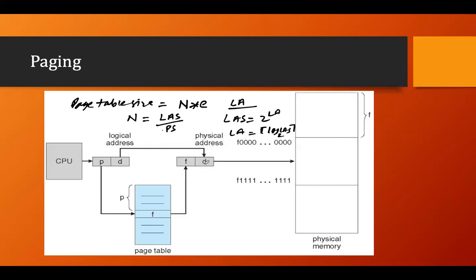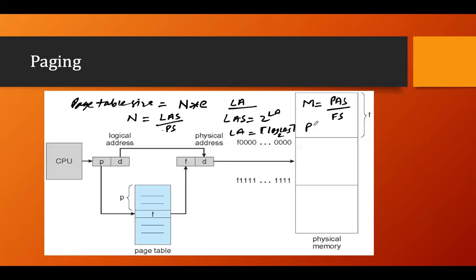The same thing will happen to the frame size also, right? If I want to find out the number of frames, let's say it is m, and m will be calculated as the physical address space divided by the frame size. And the same thing will happen to the physical address space also.